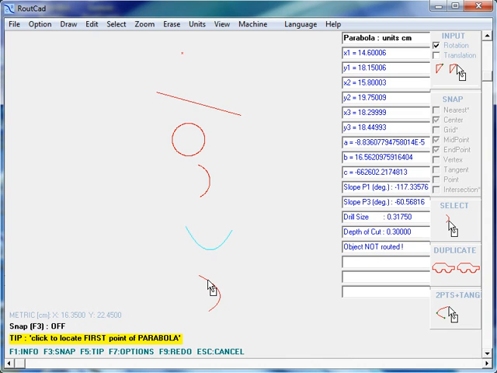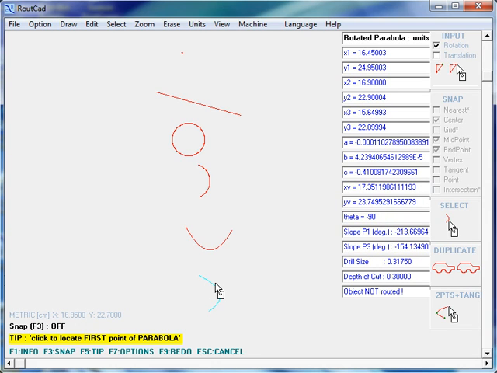Now we click on the horizontal parabola, the middle mouse button, and we see that it is a parabola, but it's a new parabola. It's a rotated parabola. It also has 3 points, which are the points that we used to draw this parabola.